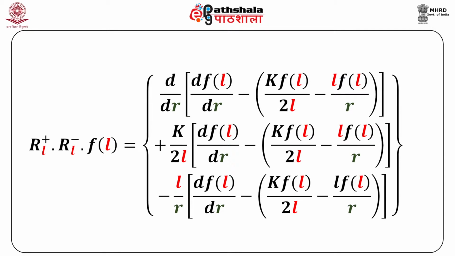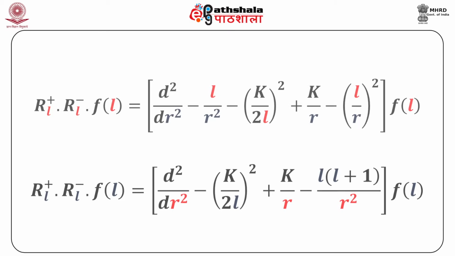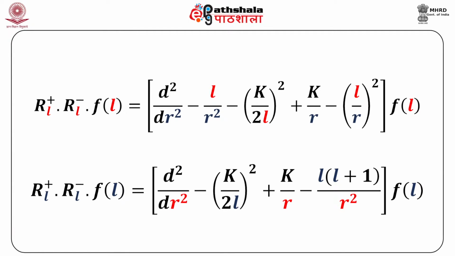You can see this operator has been solved through a number of equations in a very systematic way, and ultimately after doing all this, we get this equation, which is R_L plus R_L minus F_L equals (d²/dr² minus (K/2L) whole square plus K/r minus L(L+1)/r²), parenthesis closed, F_L. So this is the equation which we get through this operation.